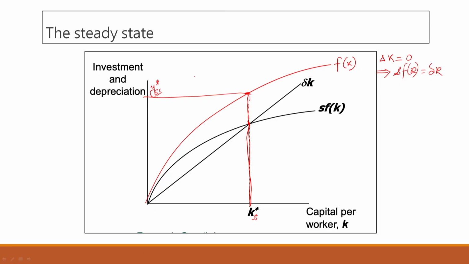Then we brought them together, and this is the representation that we have. In the meantime, we also defined what investment is. When we brought demand and supply together, this is where we arrived at, and we have solved for this k star here. So, up to here we should be all good.